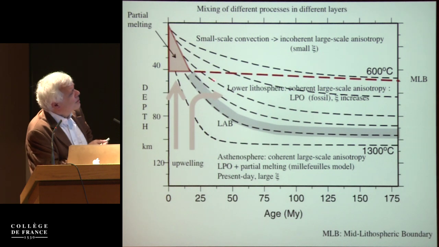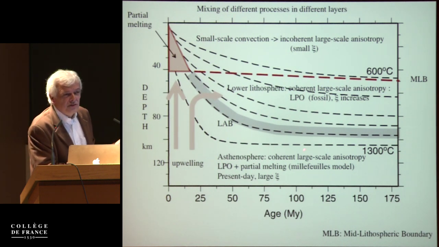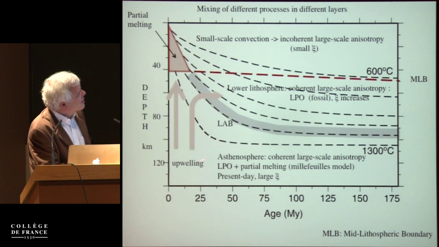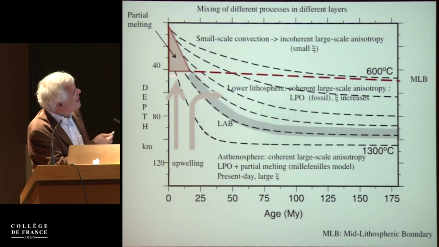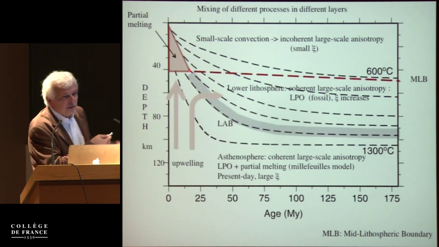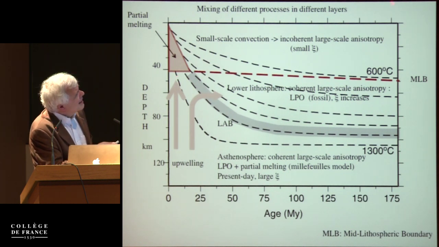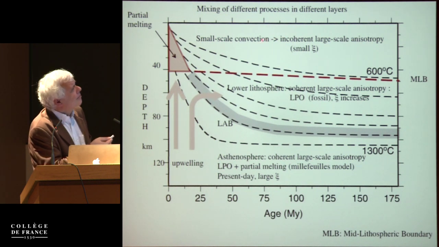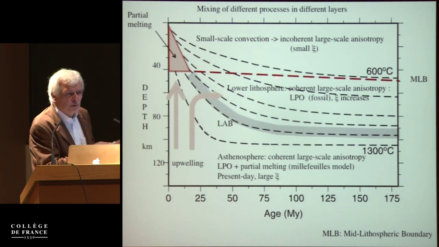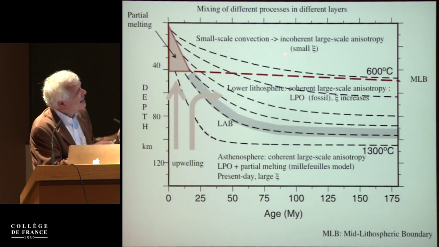We have to go back to how we form the lithosphere at the mid-ocean ridges. Of course, we have some upwelling, and we have some zone with partial melting. And we have a lot of small-scale convection in this part, and probably in the upper part of the lithosphere, we have wavelengths of anisotropy which cannot be observed, and so we have some incoherent large-scale anisotropy.